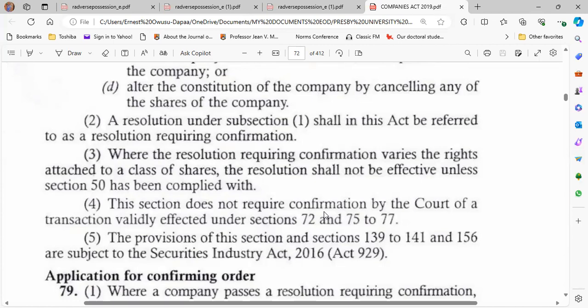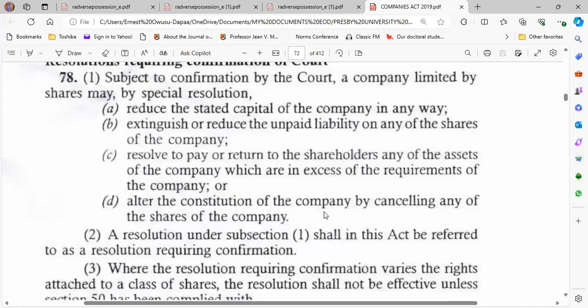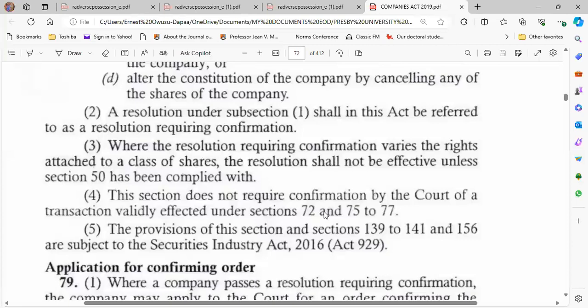But let us also know that some of the things which have been stated under 78(1)(a) to (d), okay? If you look closely at other provisions of the law, especially from section 72, for example, if you look at section 72, we will come back and discuss what we call the legality of dividends and so on.